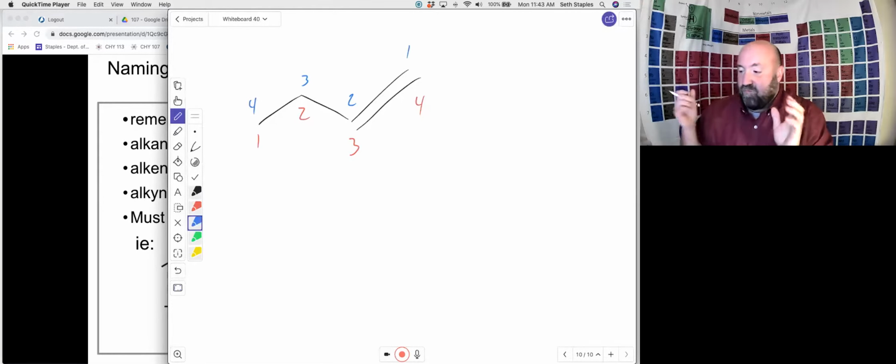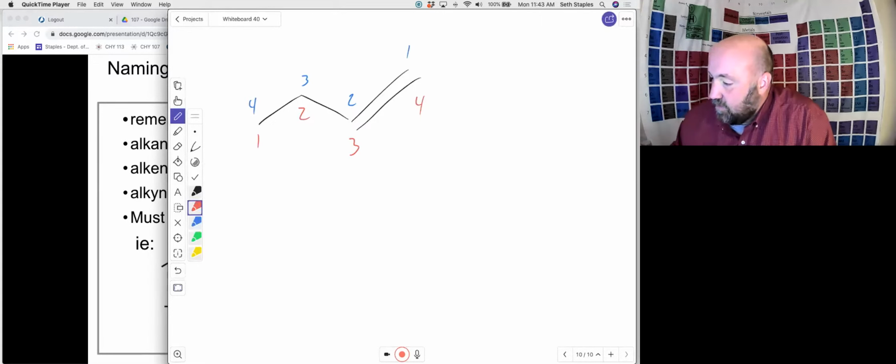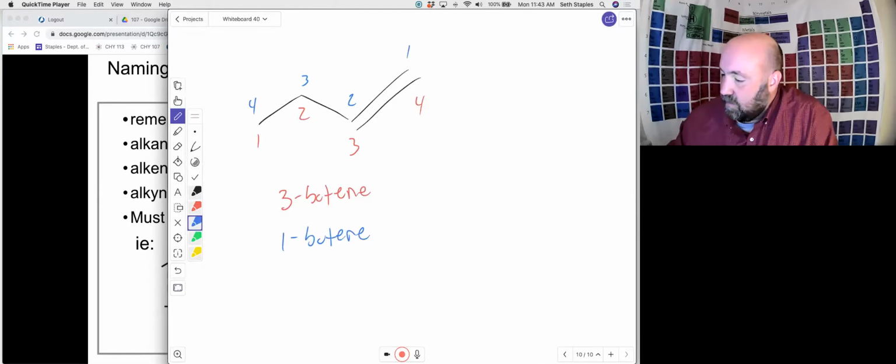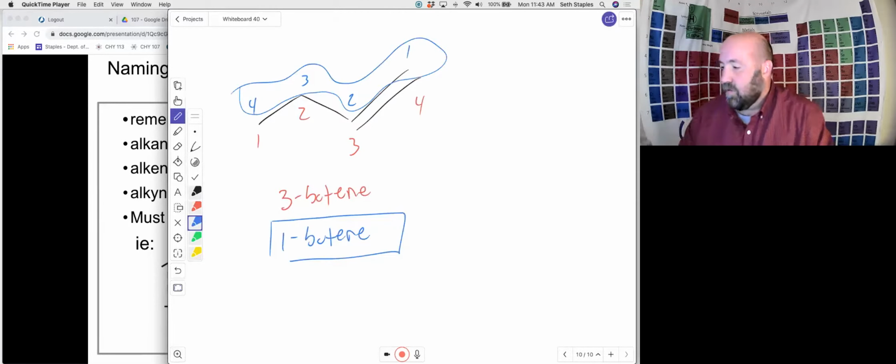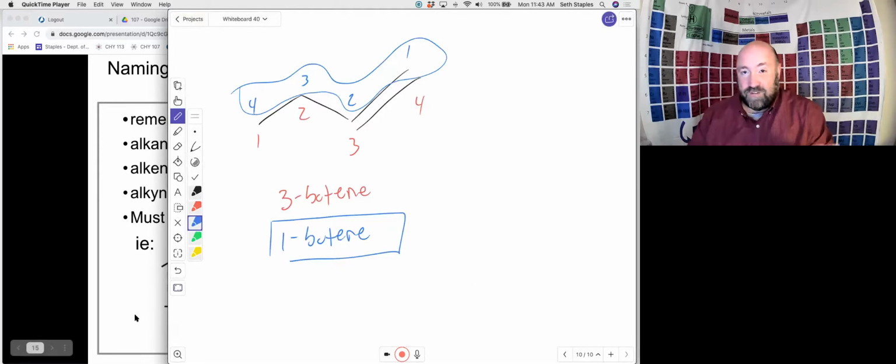Recognizing that we have to identify where our double bond is, and we always identify that number as where the double bond starts, if we used our numbering convention in red, starting from the left, we would end up with 3-butene. If we use our numbering convention in blue, we end up with 1-butene. That's going to be our winner, so we're going to number from right to left. You always want to set up your numbering to get to the lowest number possible for your prefix.